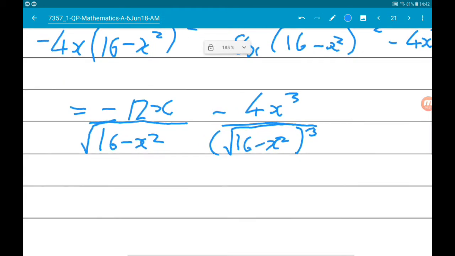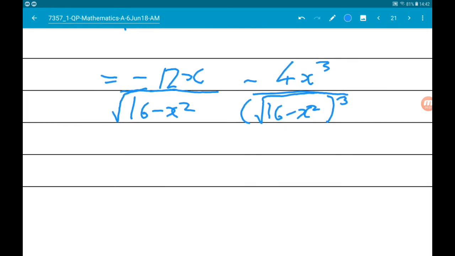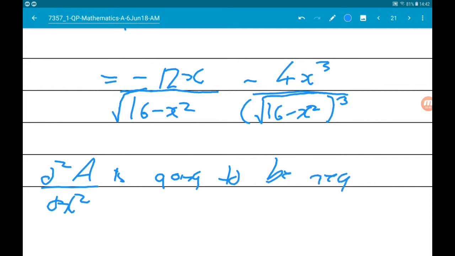Now, what we can see at this point is that d squared a by dx squared is always going to be negative, because both terms have a minus sign, so it's always going to be negative when x is greater than 0.